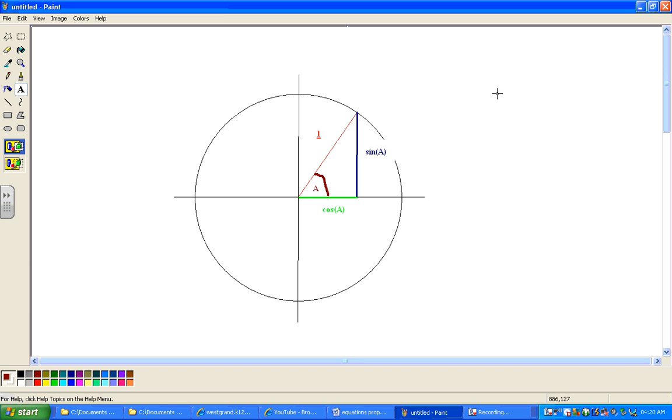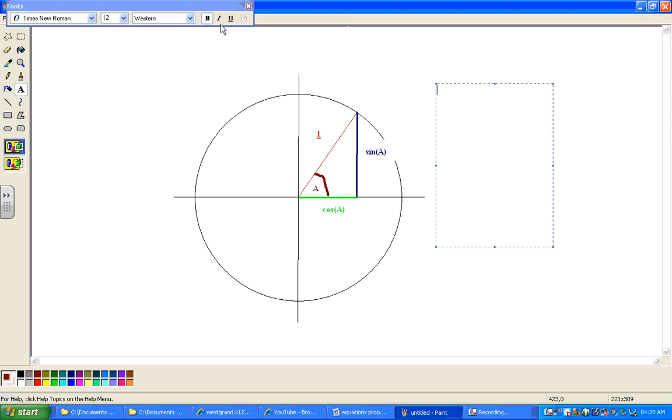That leads to the first important identity that we can come up with. Which is that if you take the sine squared and add the cosine squared, it will always equal 1.